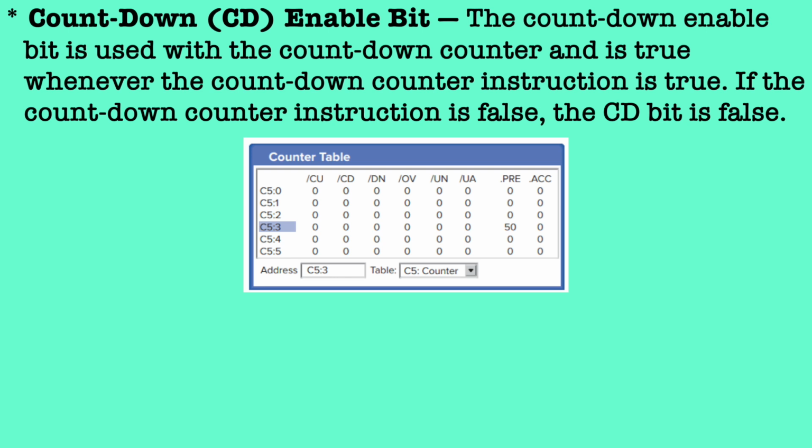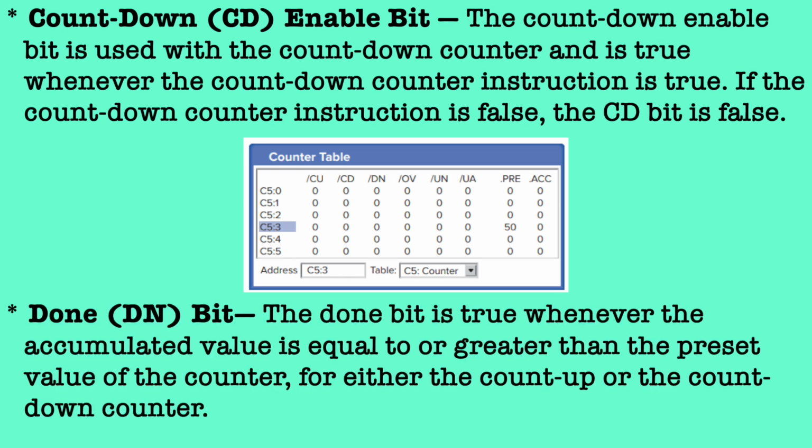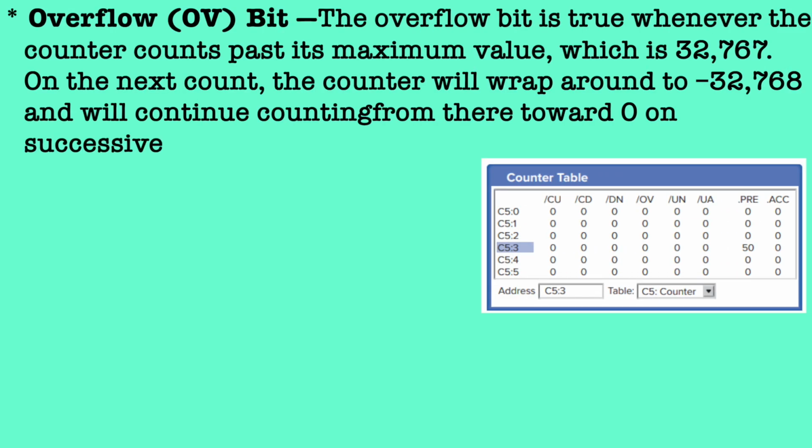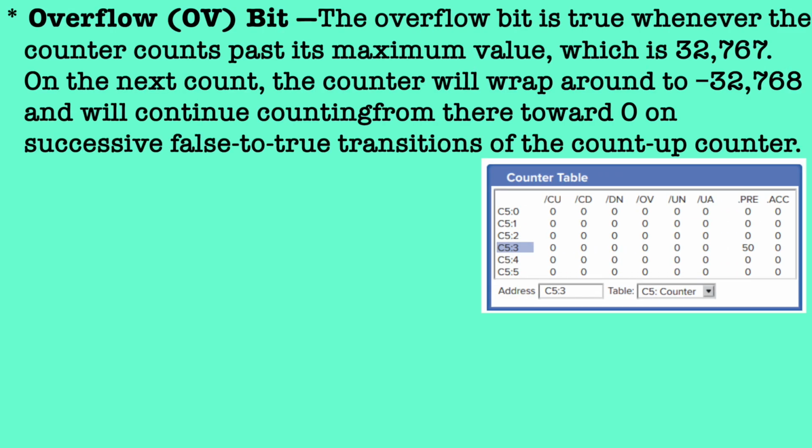Next is the done bit, that is the DN bit. The done bit is true whenever the accumulated value is equal to or greater than the preset value of the counter, for either the count up or the count down counters. Next is the OV bit, that is the overflow bit. The overflow bit is true whenever the counter counts past its maximum value, which is 32,767.